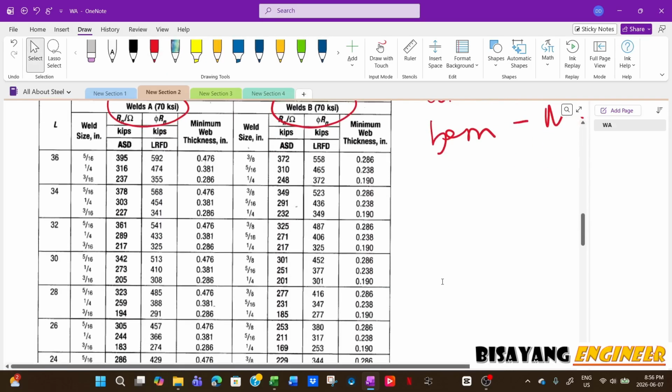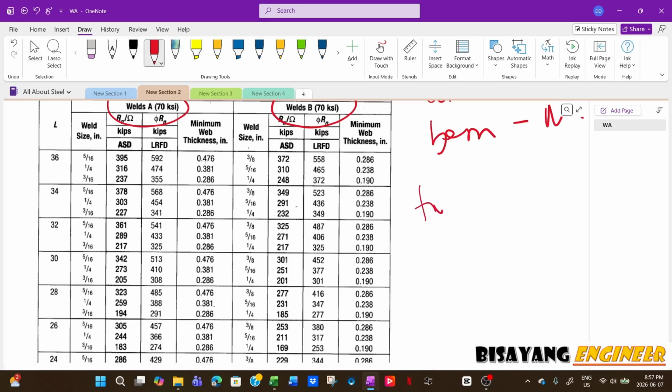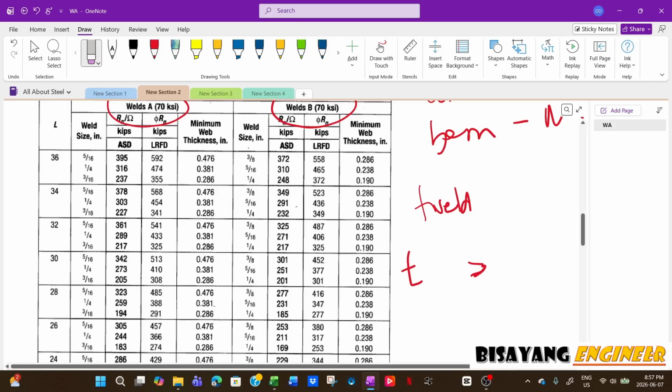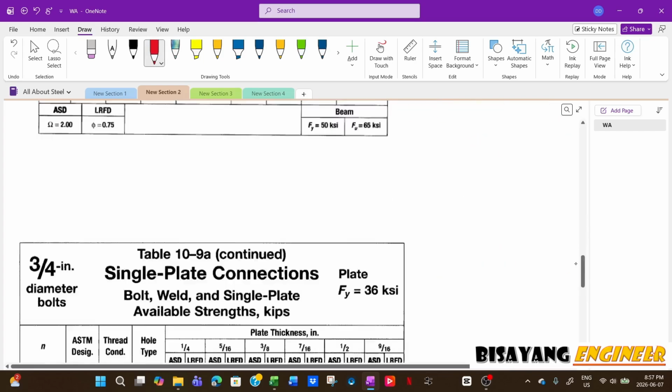For the weld size, you have to make sure that the thickness of the web should be greater than the thickness of weld plus 1/16, I think.